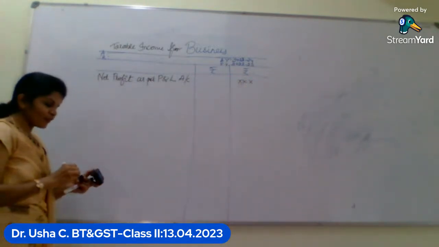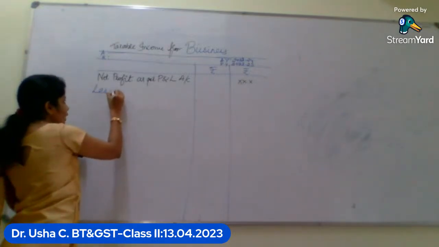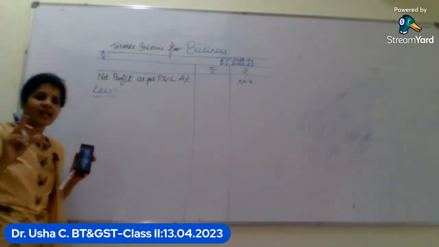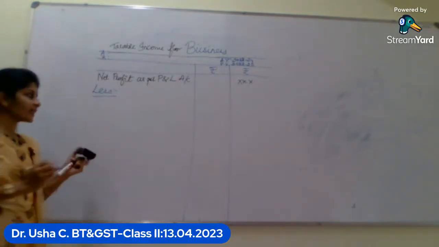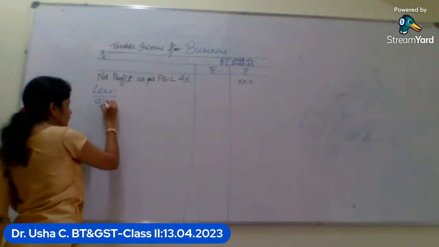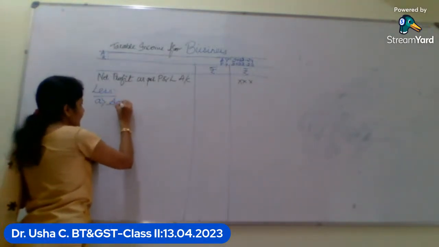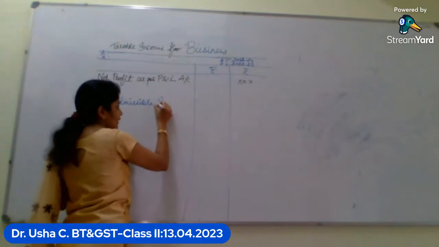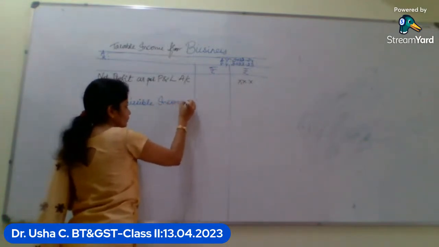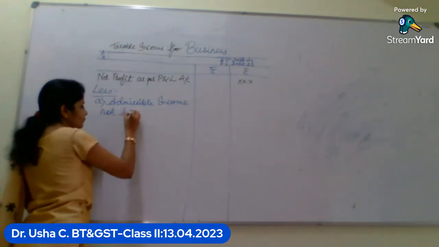From this net profit, we need to deduct. What do we have to deduct? Here, three items we have to deduct. The first item to be deducted here is admissible income not debited.